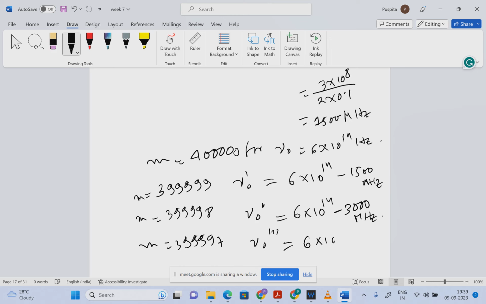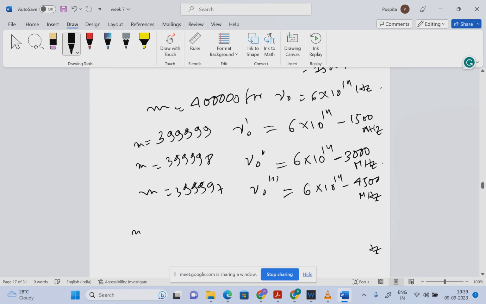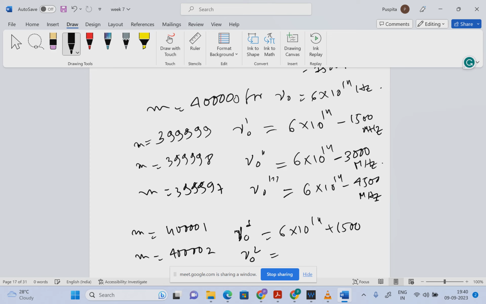Corresponding to the upper end, m is equal to 40,001, it will be 6 into 10 to the power 14 plus 1500. And for 40,002, it will be 6 into 10 to the power 14 plus 3000.